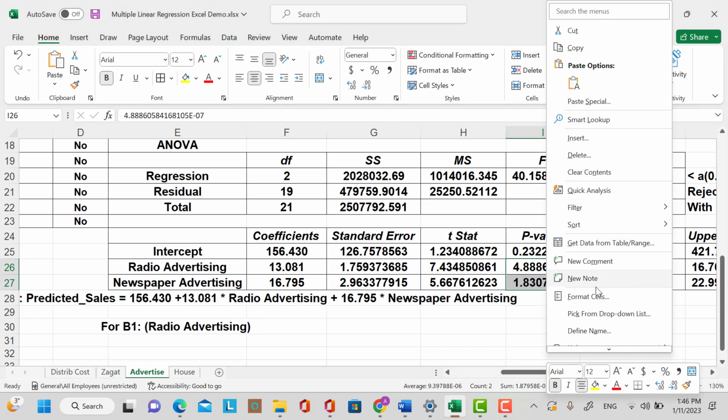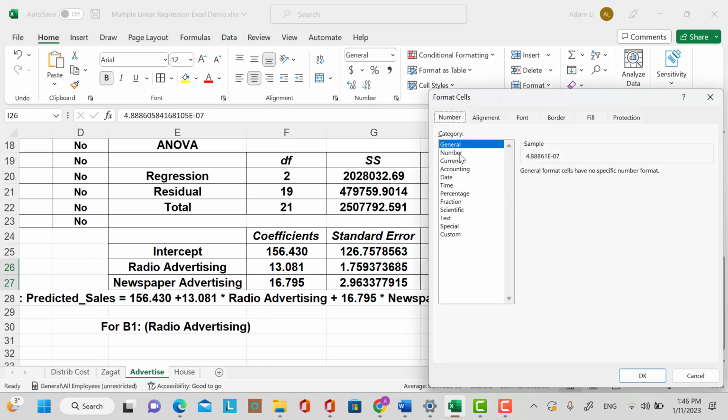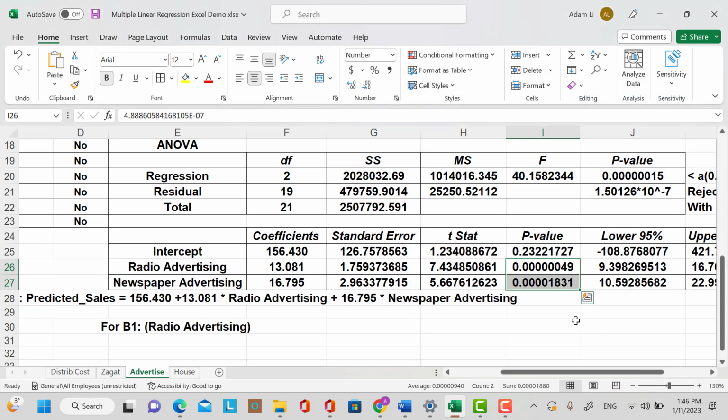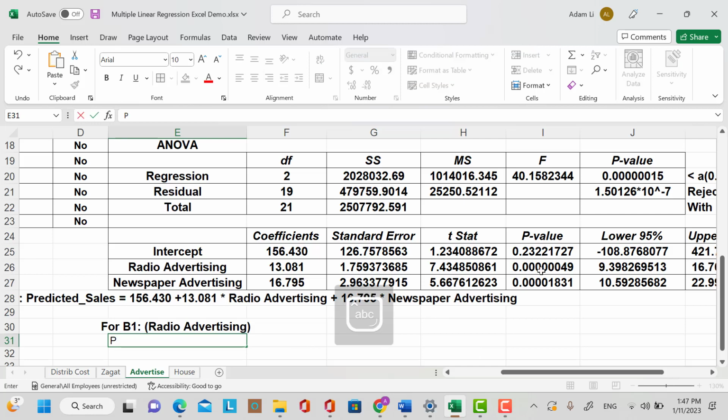I'm just going to format the numbers, as you can see. So this is very significant, because the p-value is so small, much smaller than alpha.